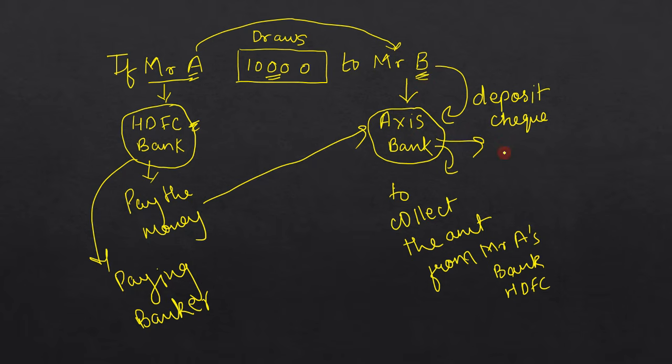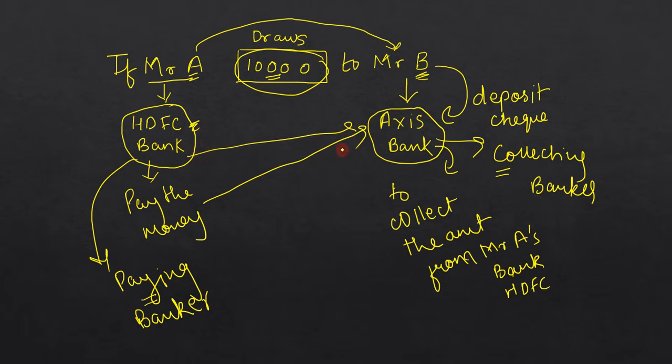So Axis Bank is called as collecting banker, because Axis Bank is going to collect this 10,000 from A's bank. HDFC Bank is the paying banker and Axis Bank is the collecting banker.